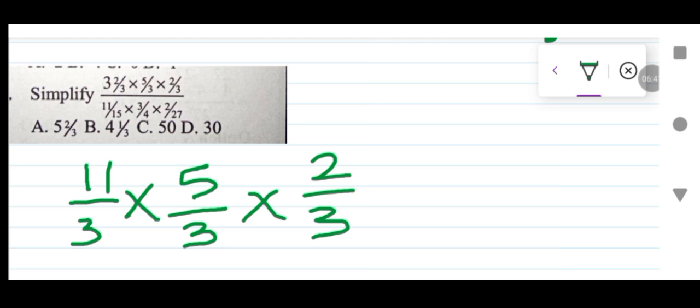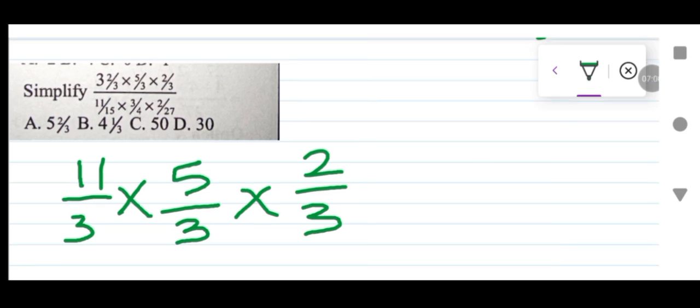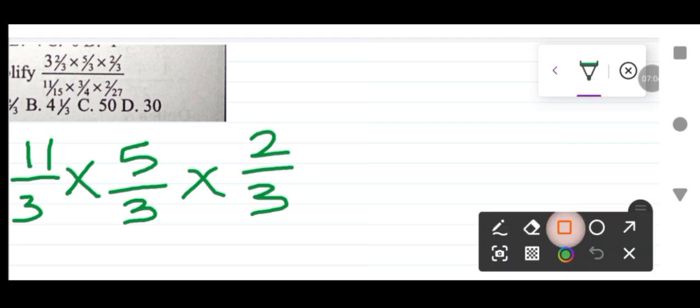For the denominator, we can see we are having this set of values: 11 over 15 times 3 over 4 times 2 over 27. And as you can see, we have this, and let's check, do we have any number that can divide either the denominator or the numerator? Do we have anyone? No.